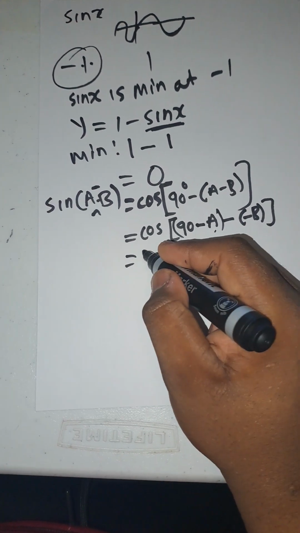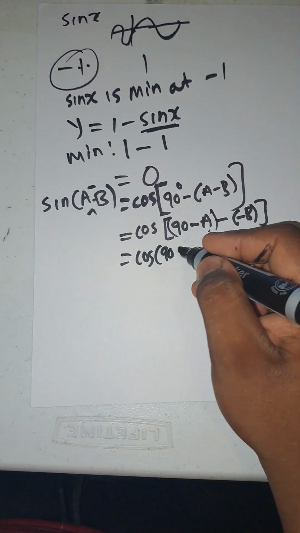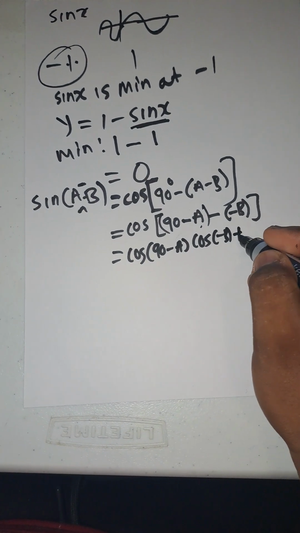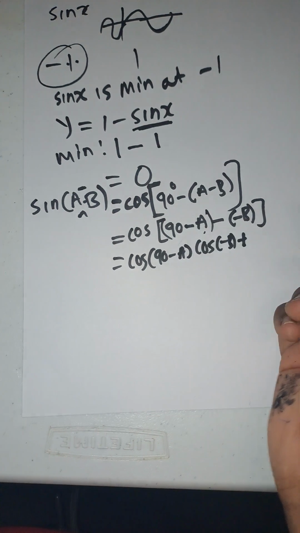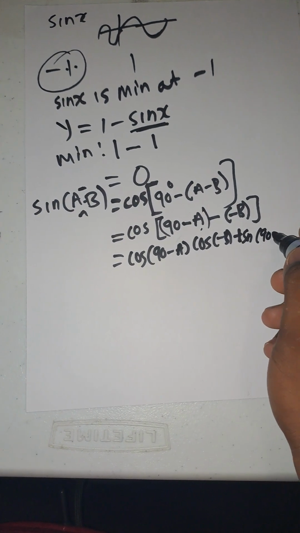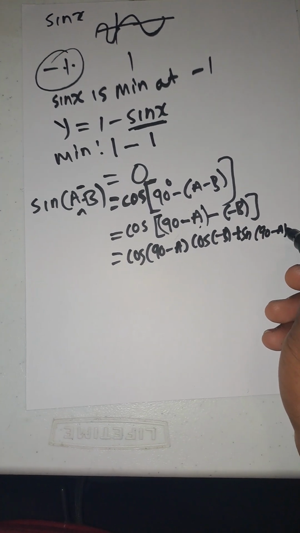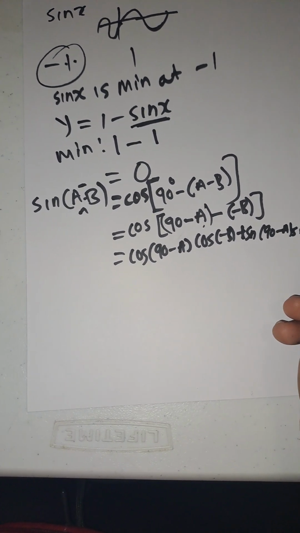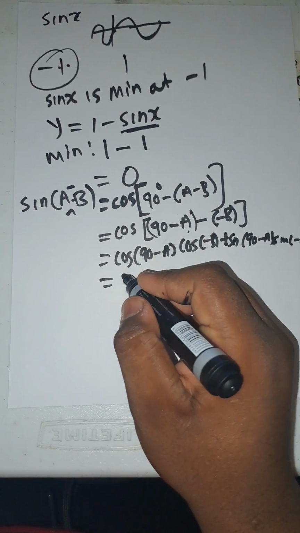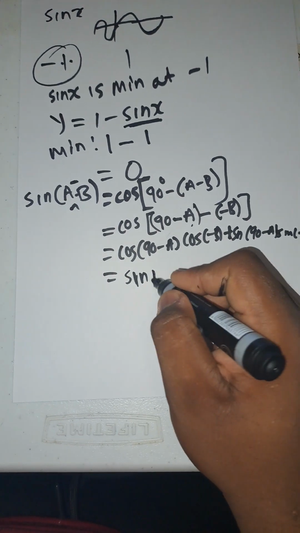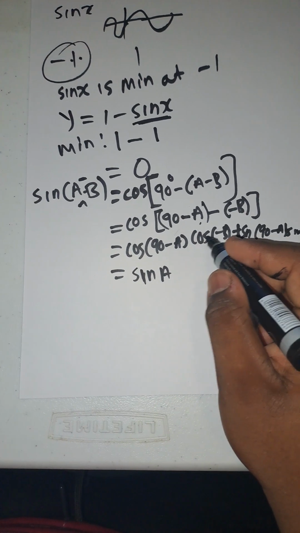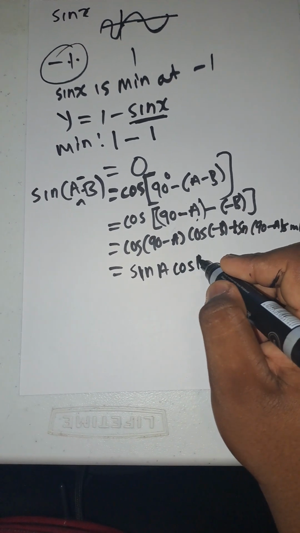After that, you will have cos(90 minus a) cos(minus b), plus, we are expanding now, sine(90 minus a) sine(minus b). Now cos(90 minus a) is the same as sine a. And cos negative b, negative angles, remember, is the same as cos b.